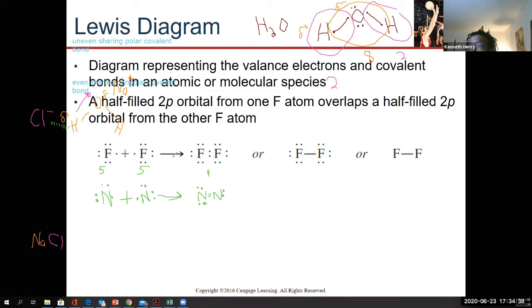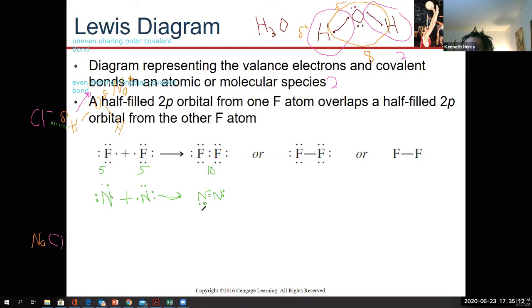So what if we share 6? Let's take one of these and put it over here. So that's a triple bond. Let's count total electrons: 2, 4, 6, 8, 10. That's 10 electrons total. Now let's look around this nitrogen.